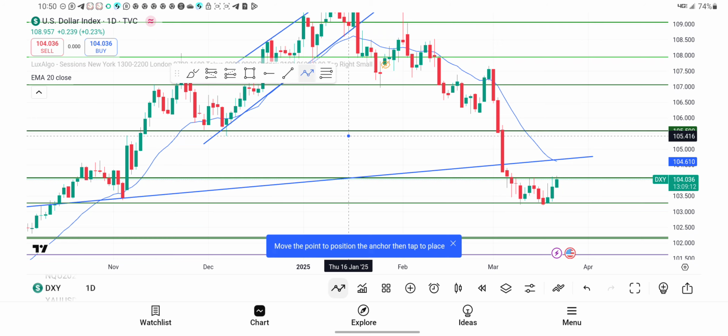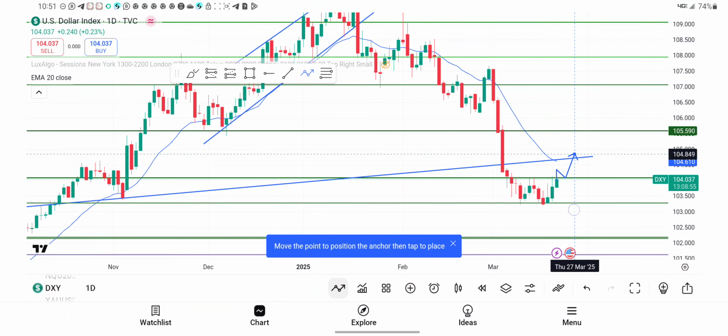What am I trying to explain? Let's say price closes above here today, then Monday comes back, retests the level, and pushes up.